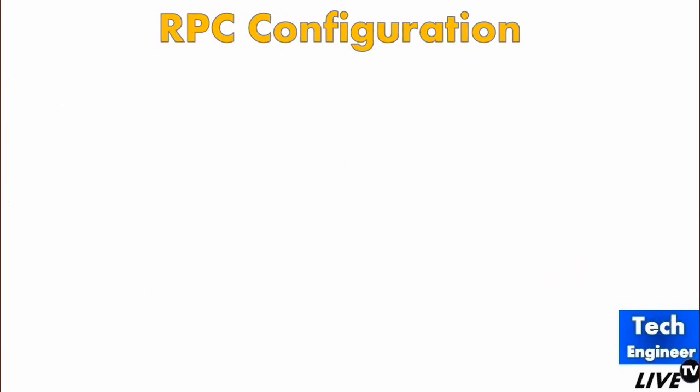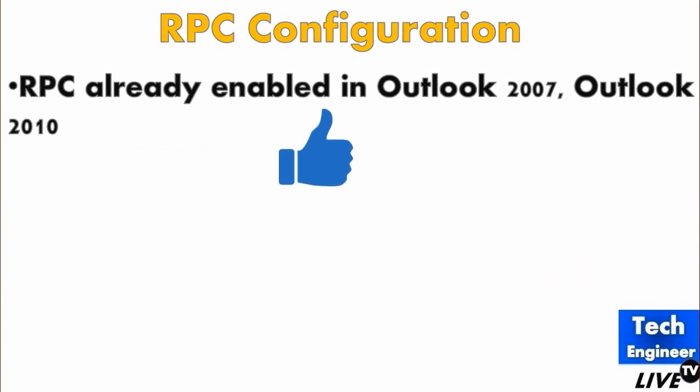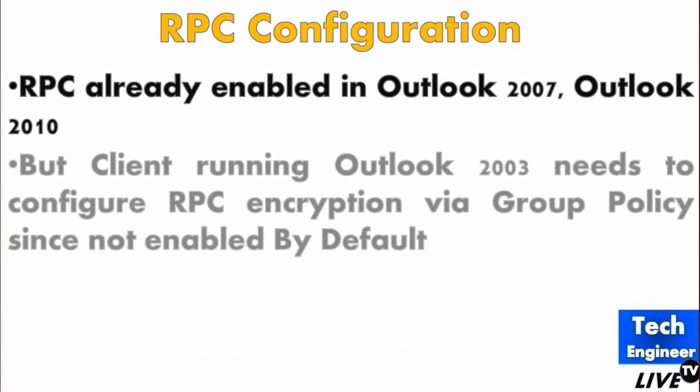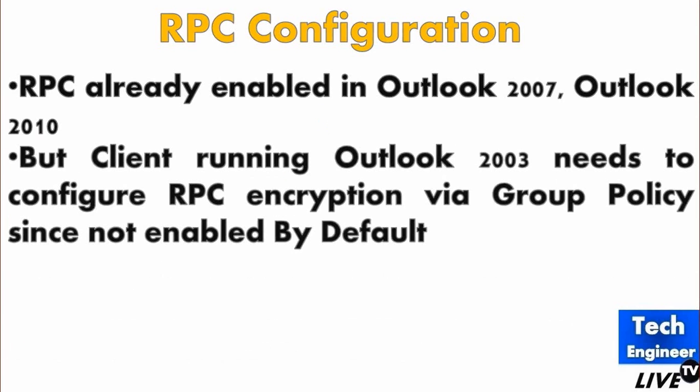Now RPC configuration. RPC is already enabled in Outlook 2010 and 2007, so you need not worry about that. But a client running Outlook 2003 needs to configure RPC encryption, since it is not enabled by default, because it's quite an old technology.